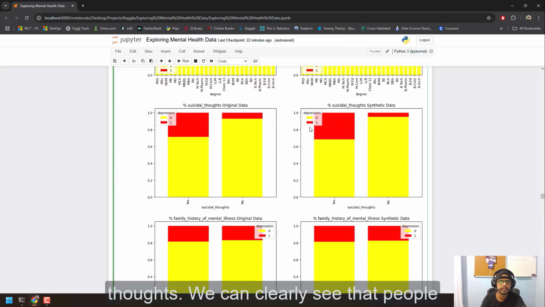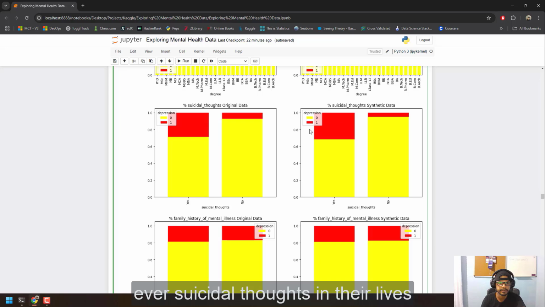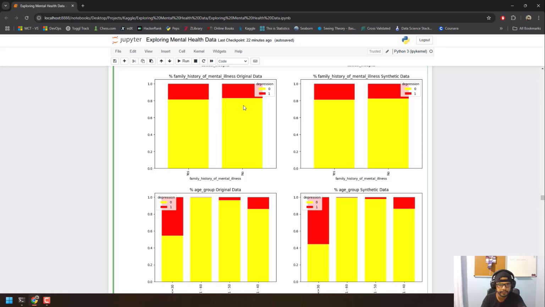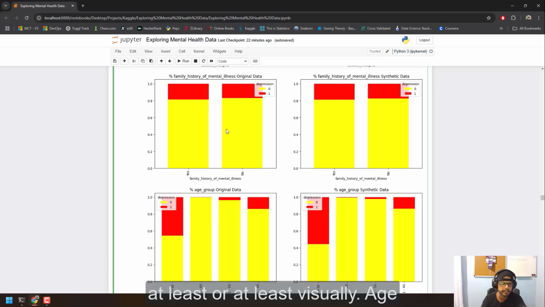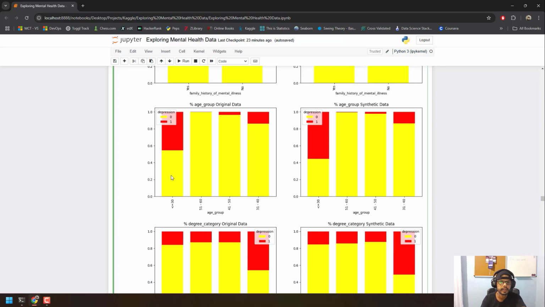Suicidal thoughts, we can clearly see that people who have ever had suicidal thoughts in their lives are more depressed. Family history of mental illness, it doesn't seem to be that much of a difference, at least visually. Age group, those less than 30 have more incidence of depression.